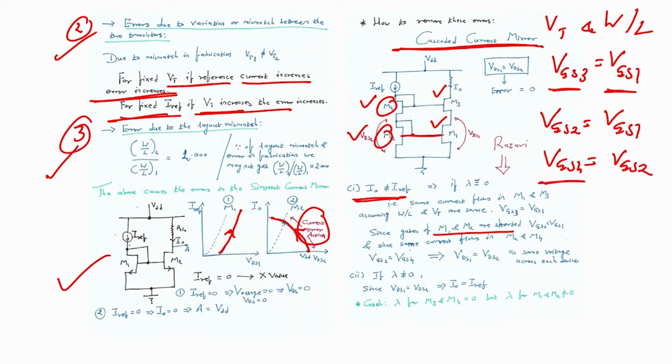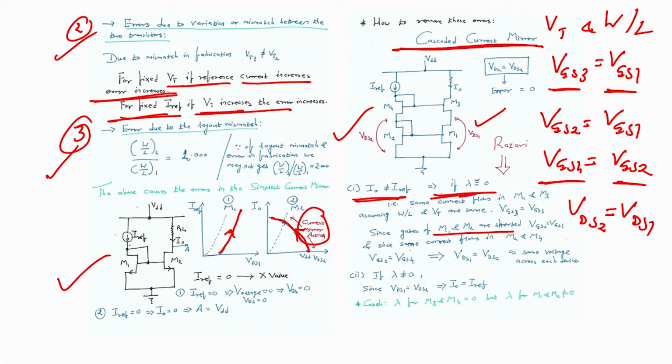If this is the condition, my VDS2 would be equal to VDS1, and here we have considered lambda equals 0.